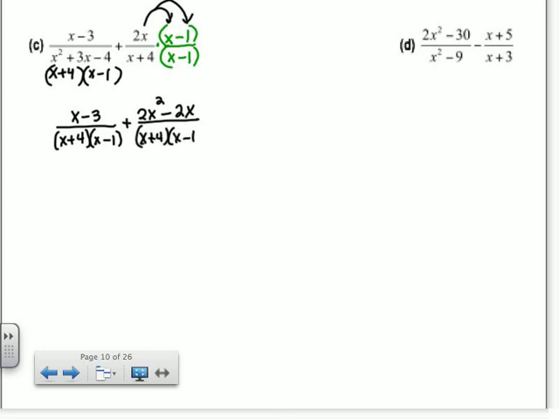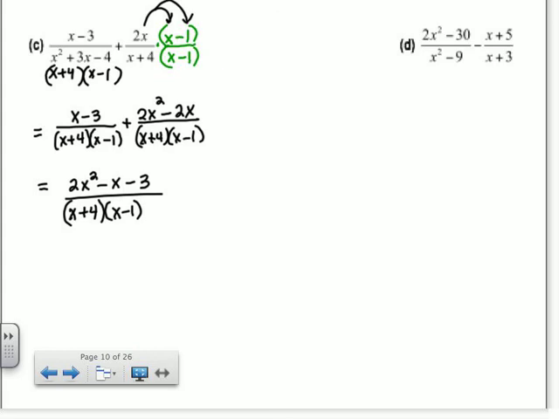Now you don't have to write this as two separate fractions. You can combine them into one. That's fine. So I get 2x squared, I have negative 2x plus x, so negative x minus 3 over x plus 4 times x minus 1.